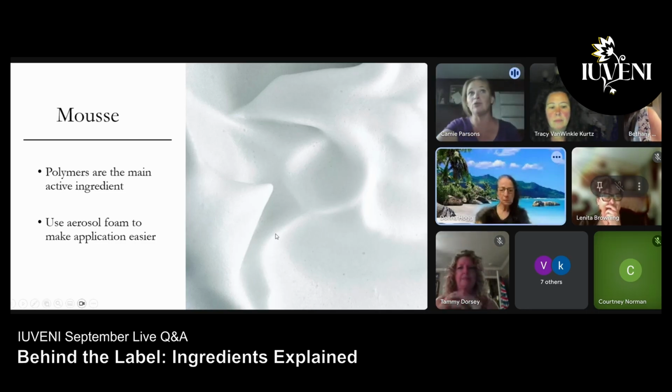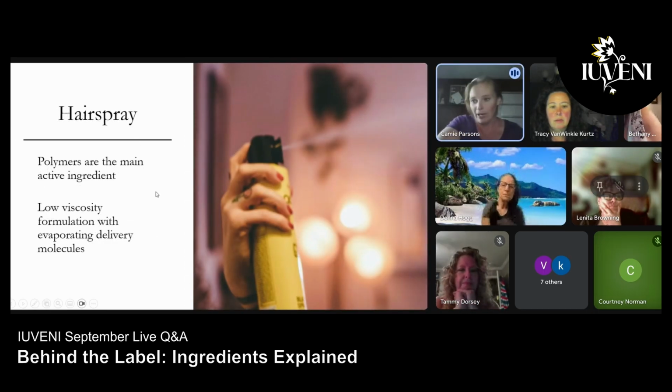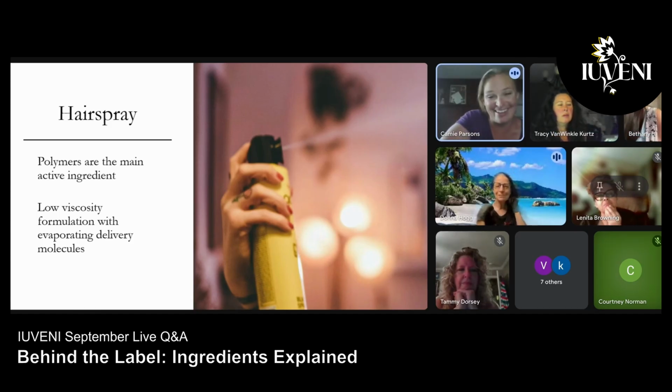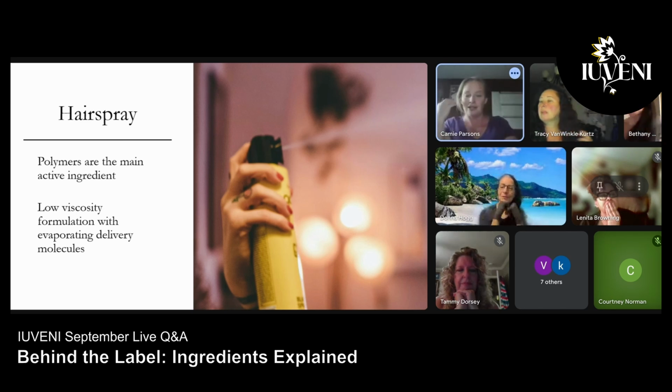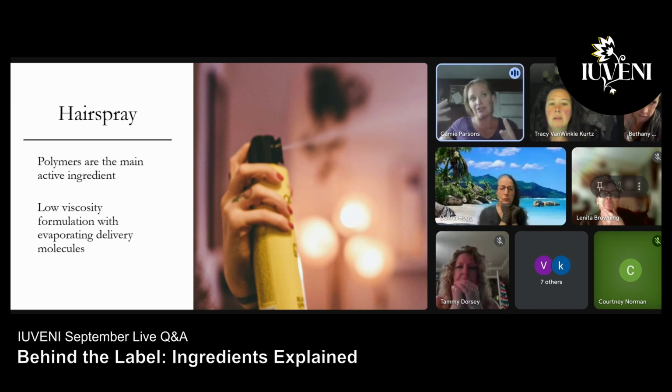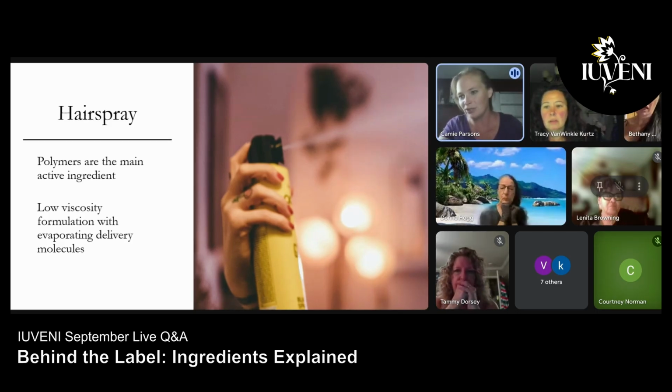You found mousse. Hairspray. Polymers are the main active ingredient. They're going to stick to the hair, they're going to stick to each other. Low viscosity with an evaporative delivery molecule: volatile organic compounds, VOCs. We don't use the ones that eat the ozone anymore.